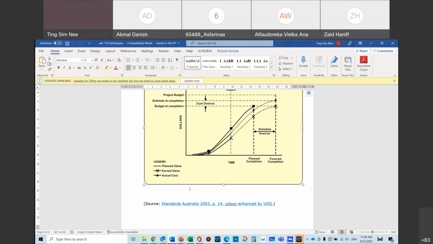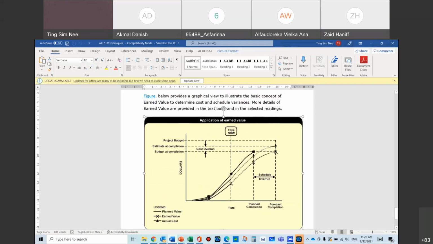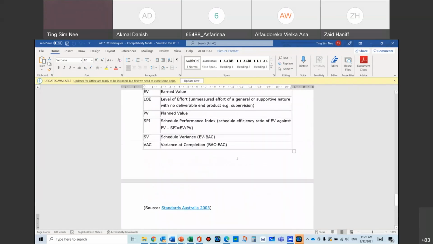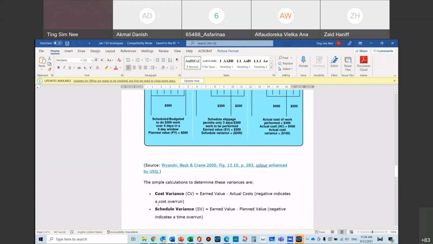You understand? So when you punch in these two lines, you get the difference between EV and PV, and EV and AC. You will be able to get your cost variance and schedule variance. Okay, so these are one very important technique that is actually based on the S-curve.